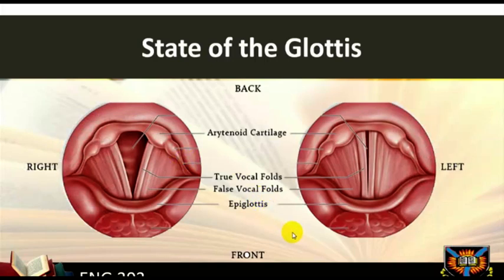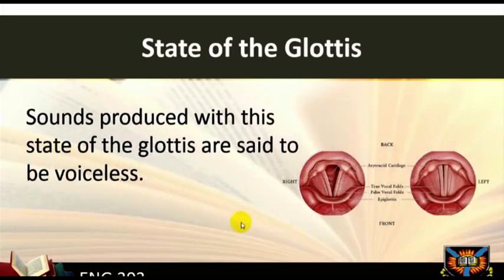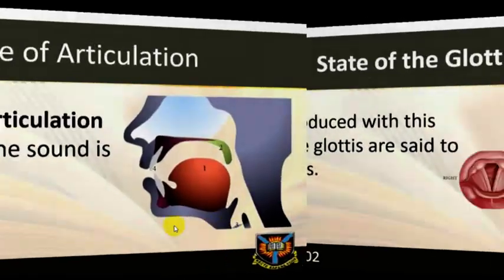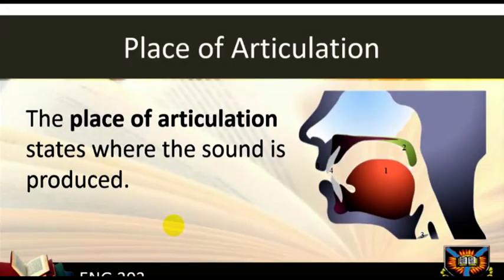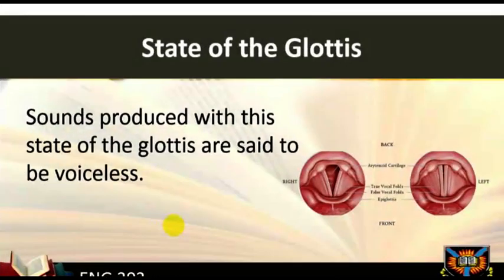However, in the production of voiced sounds, the two vocal cords will be holding on loosely to one another, such that the airstream has to force itself through the vocal cords. Since the vocal cords are elastic, they give way intermittently and therefore vibrate as a sound is produced. Sounds produced with this state of the glottis are said to be voiced.